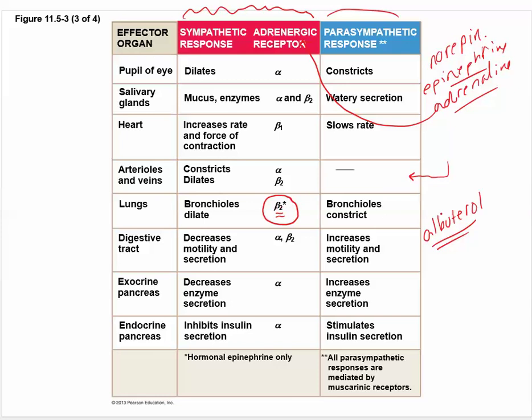And basically what albuterol does is it activates this receptor. It's a molecule that mimics norepinephrine, or epinephrine, and it activates this beta 2 receptor. And what's it going to do? It's going to dilate the bronchioles. It's going to make them larger so you can get more airflow through them. Okay, so that's why all this matters.